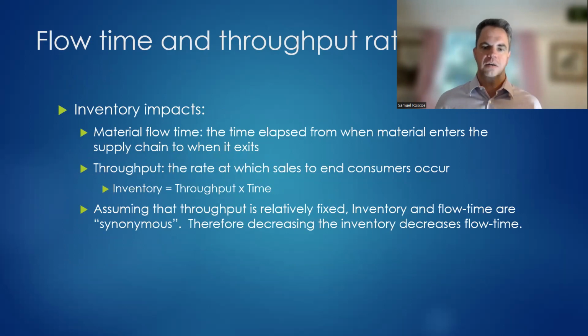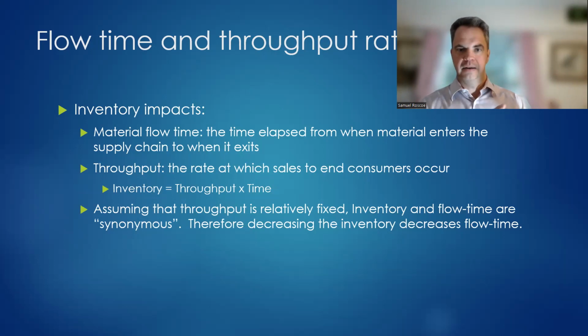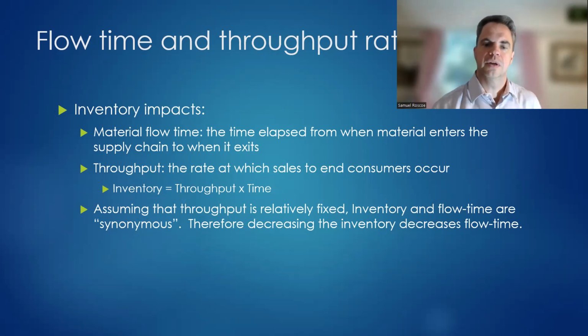What Little's law talks about is that the throughput is the rate at which sales to my end consumers occur. So basically, it means that the amount of inventory that I'm holding is to do with the flow time of my process. That could be my supply chain, but it could also be an operations process, and the time it takes for that inventory to move through that particular process.